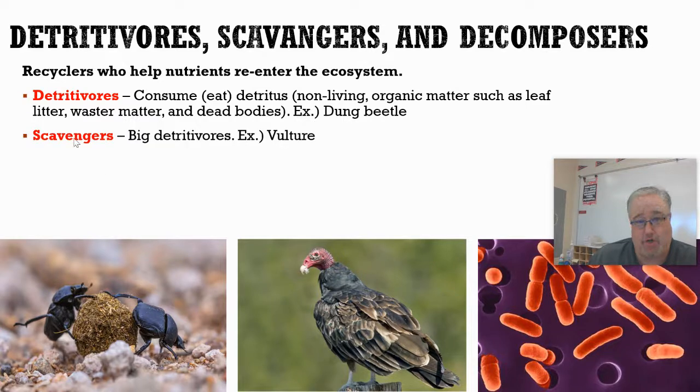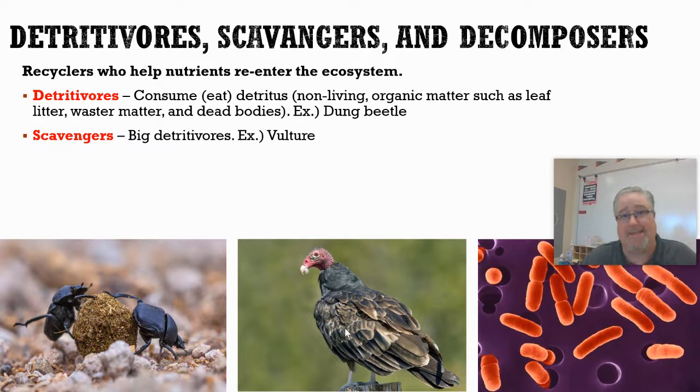A scavenger is basically a big detritivore. A vulture is a really good example. Vultures will swoop down on, let's say, an antelope carcass, after it's been picked through by a bunch of lions, and whatever's left over, these guys are going to eat for their food.